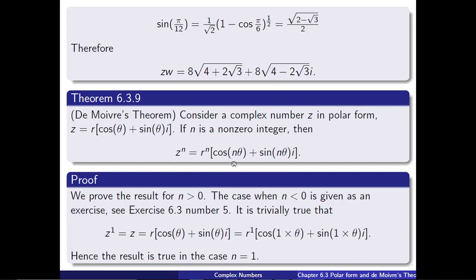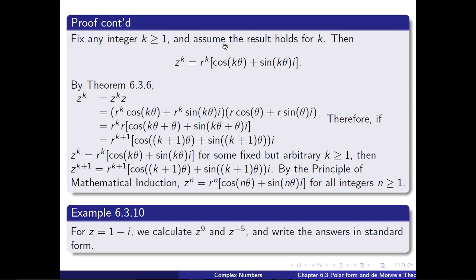So therefore the case for n equal to 1 is true, right? Here we are using the principle of mathematical induction to prove this theorem. So we have proved it for n equal to 1.